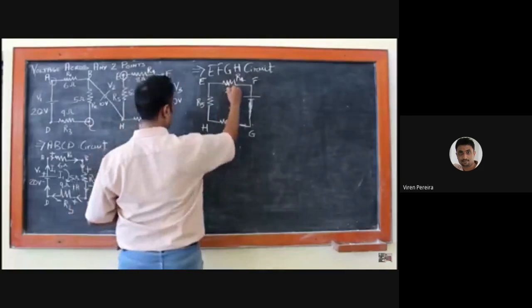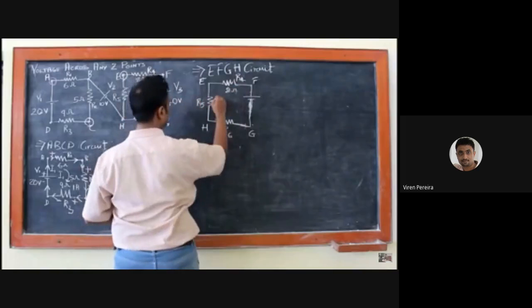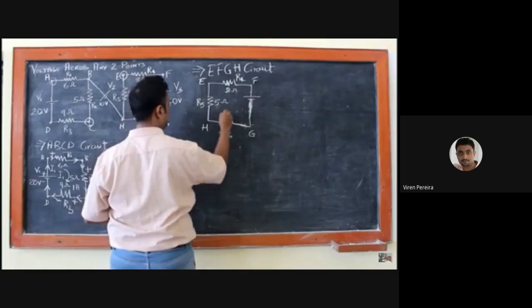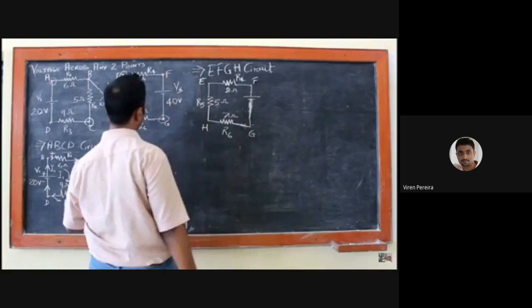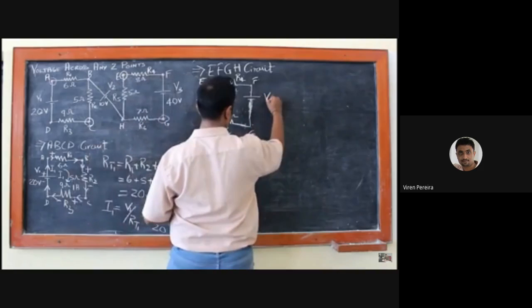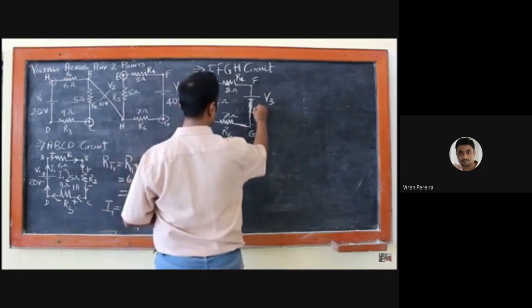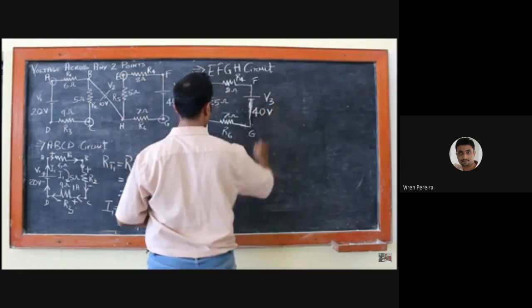R4 equals 8 ohms, this is here 5 ohms, and 7 ohms. And I have my V3 equals 40 volts.